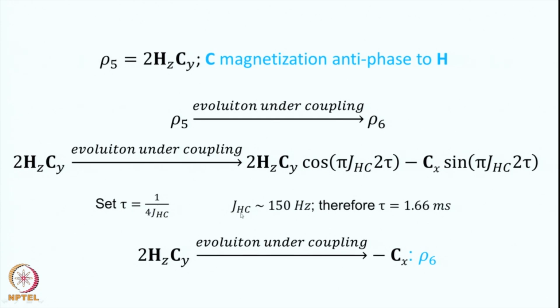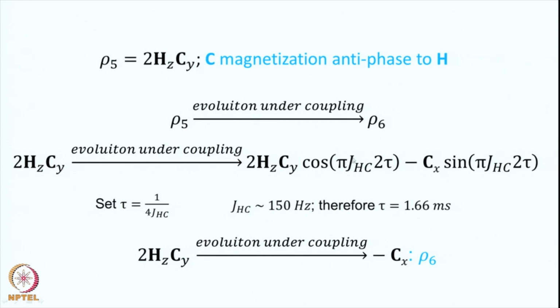Assuming JHC is 150 hertz, tau will be approximately 1.66 milliseconds or 1.7 milliseconds. So this is approximate; if it is 140 hertz to 150 hertz and things like that, one can adjust this to 1.67 milliseconds.